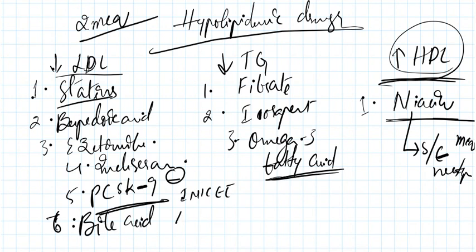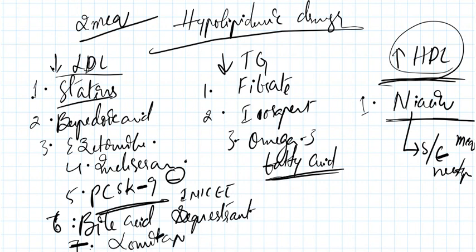I know why you are surprised. Most of the students may think sir has forgotten these two classes of drugs. No, I'm very much alert, right? And one more thing is lomitapide. This bile acid sequestrants is also a NEET PG MCQ.